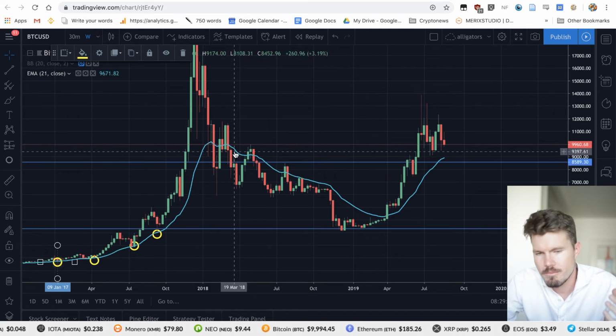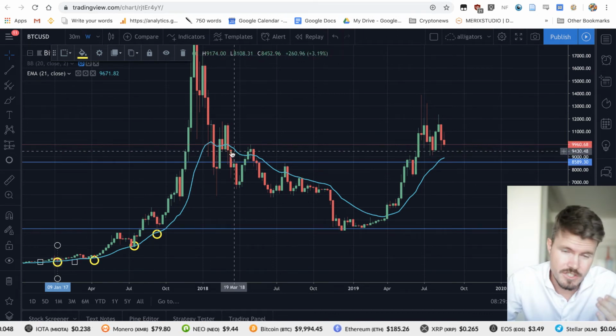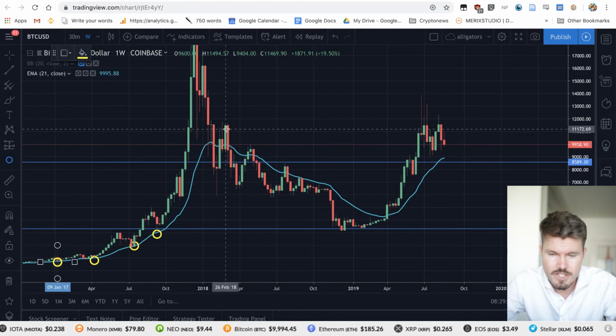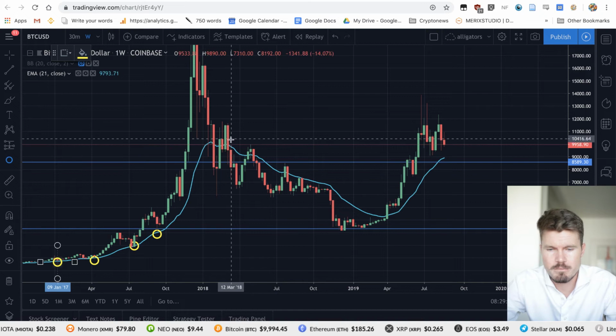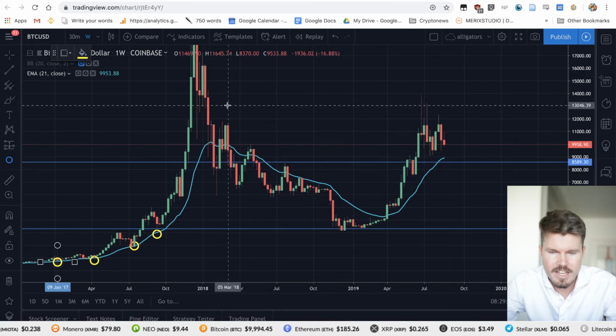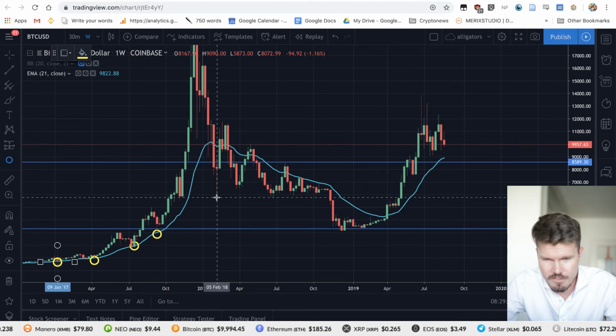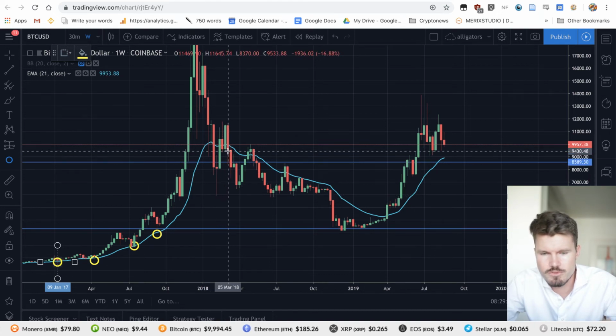Now, you can have other strategies to sell, but a certain way to make sure that you exit the market with some profit would have been each time the price breaks down below the exponential moving average and it comes back up to retest.